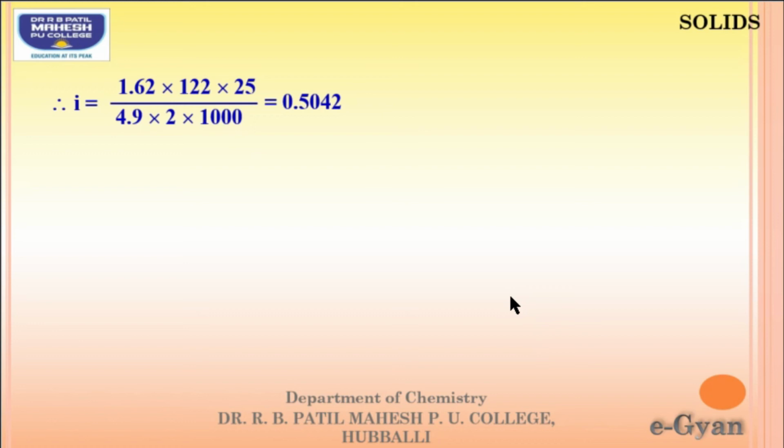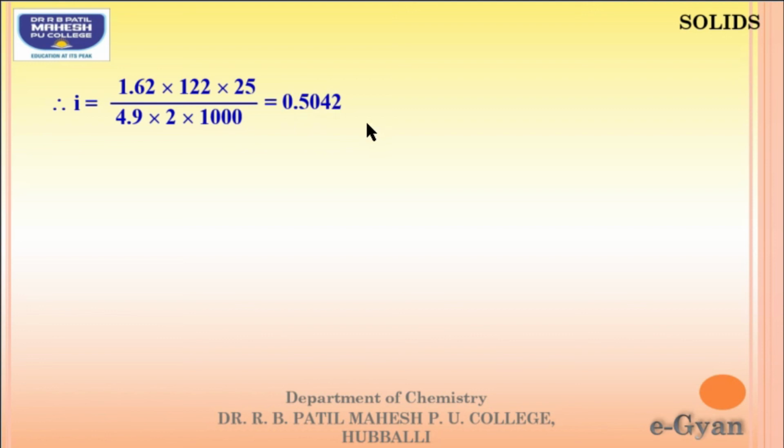In the previous discussion on the Van't Hoff factor, I said the i value for benzoic acid is 0.5, and this is almost equal, 0.5042, nearly 0.5 only.